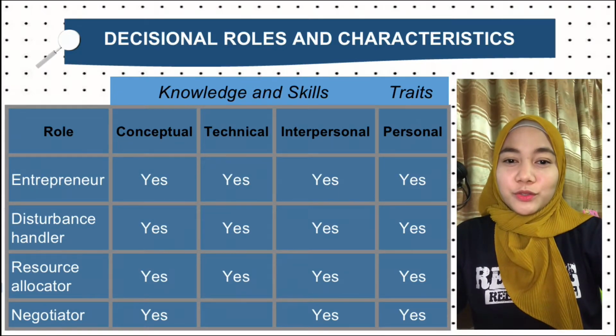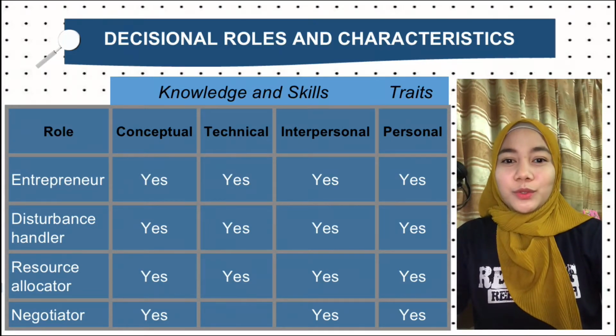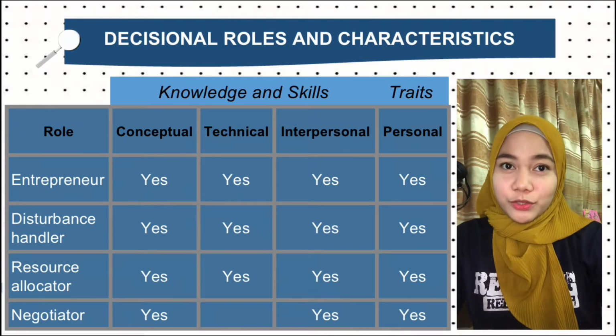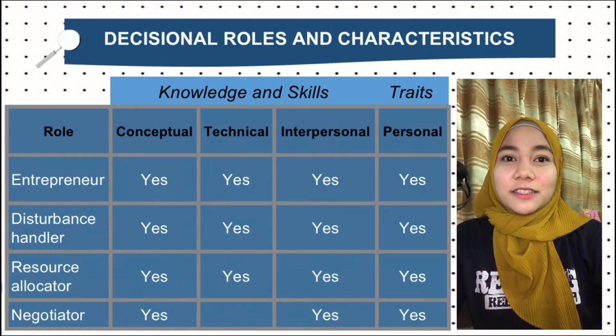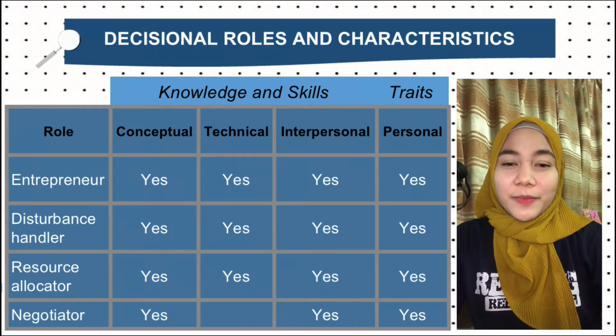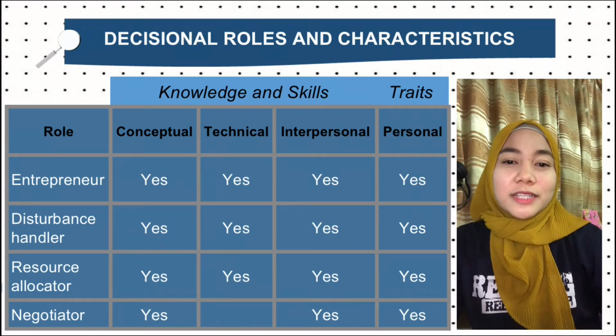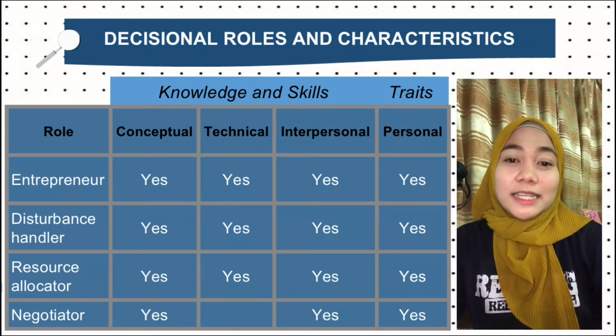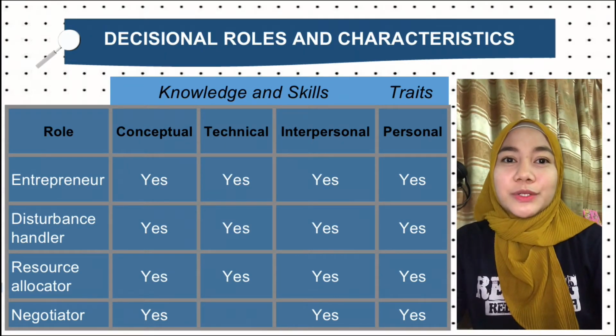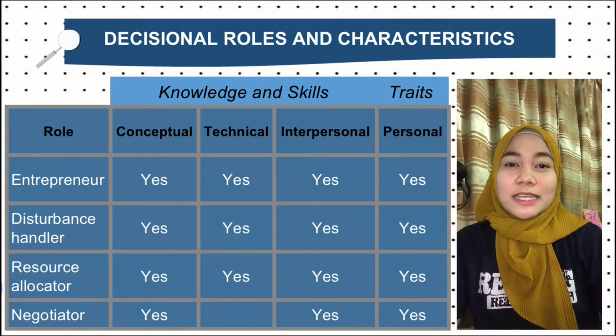So, we go to the next part, which is the decisional manager role. There is an entrepreneur, disturbance handler, resource allocator, and negotiator. For the knowledge and skill, conceptual knowledge and skills are needed for the entrepreneur, disturbance handler, and resource allocator.